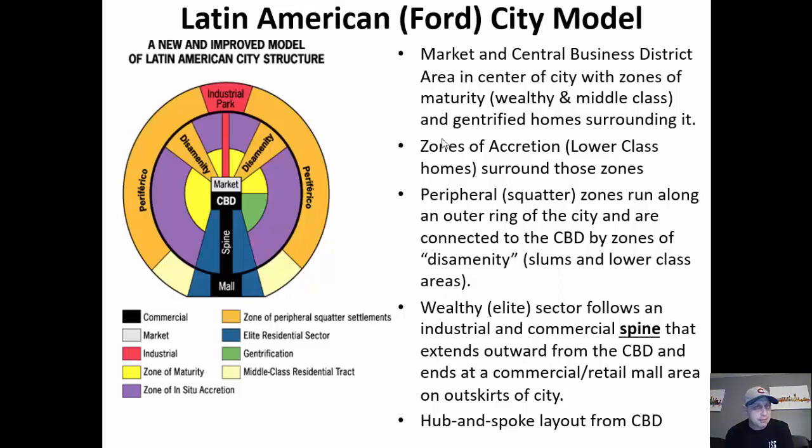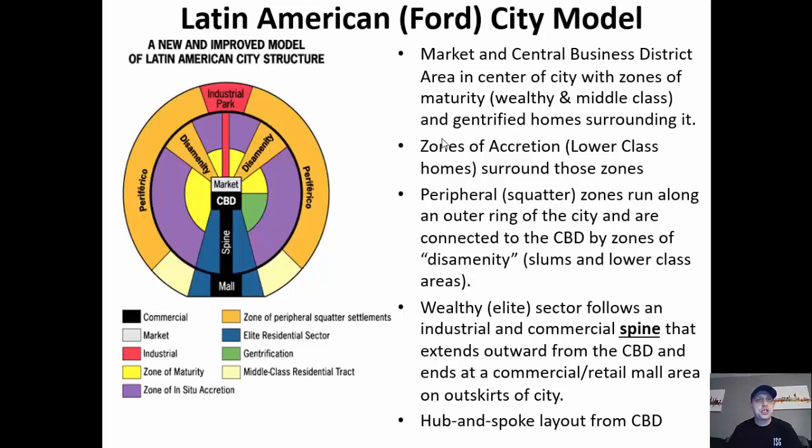They're going to cluster around the CBD and market as opposed to the outer edges like in the US. In addition, part of that zone of maturity, and you do need to know this terminology, is going to be gentrified areas, gentrified homes, that are specially rebuilt and cater to wealthy individuals living in that city.